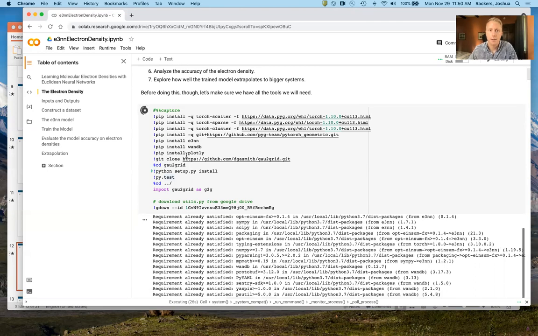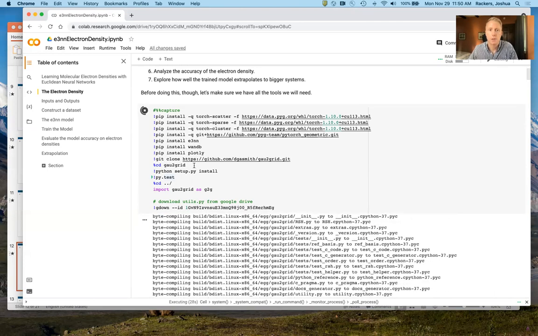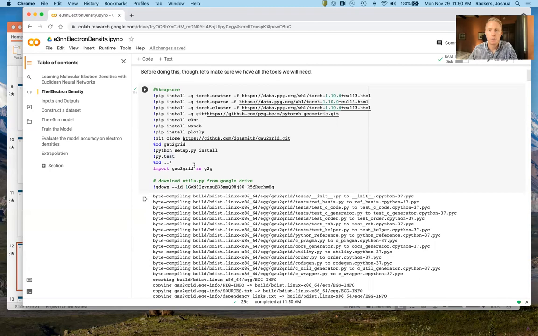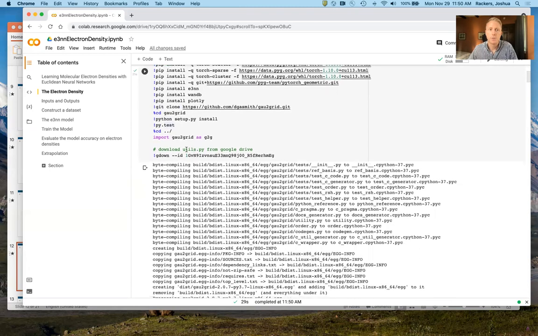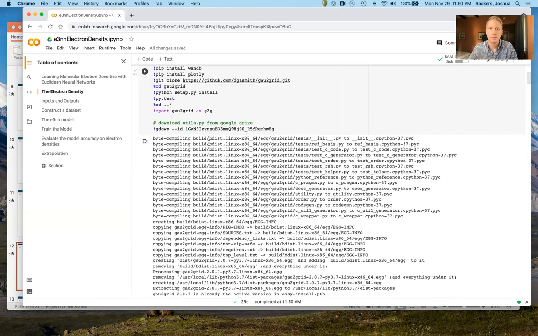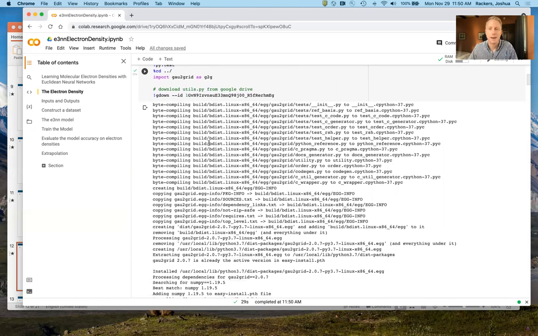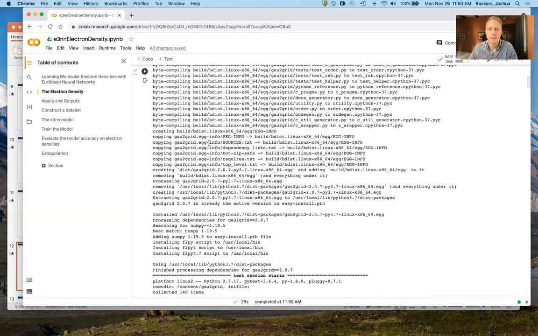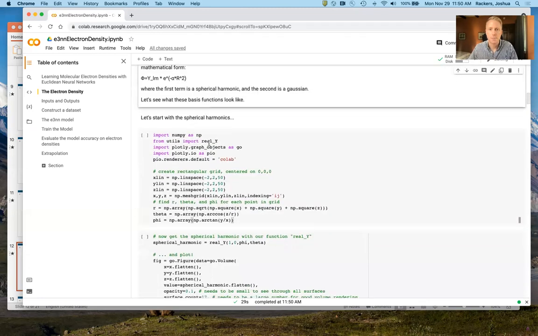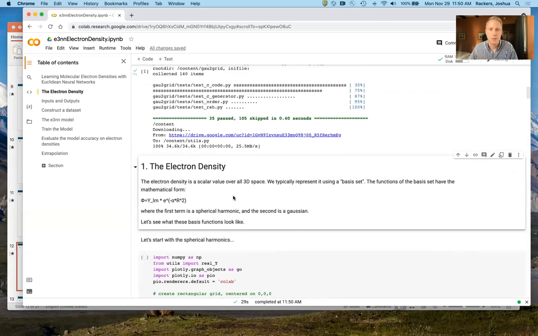We're going to use Plotly for plots. We're going to use this Gao to grid utility to do some data handling. And then we need this utils.py, which is just a grab bag of utility functions that I'm hiding from you to do some of the messy stuff. Okay, so that's great. We've downloaded everything.